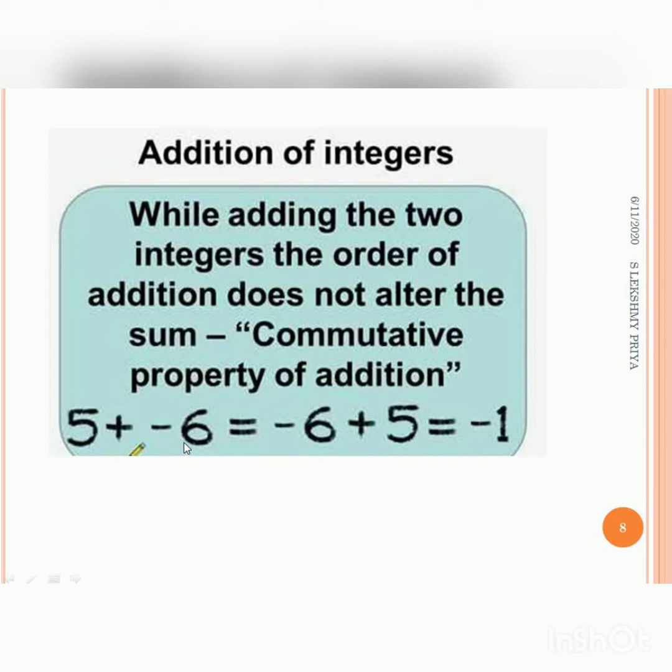We are adding 5 and negative 6. We have learned the rule. We know that the sum is negative 1. Just change the order, negative 6 and 5. The answer is not going to change. That property is called commutative property of addition.